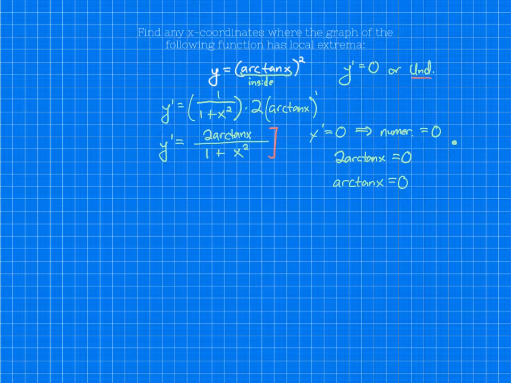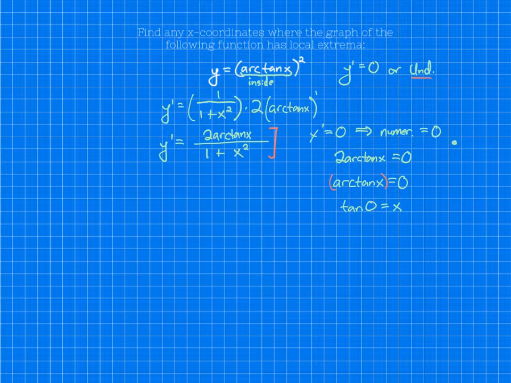Okay, so remember, with arctangent or ArcTrig anything, the question that these are asking is essentially this right here. If we were to take the tangent of both sides, we would find that that's what x equals, because tangent undoes arctangent.